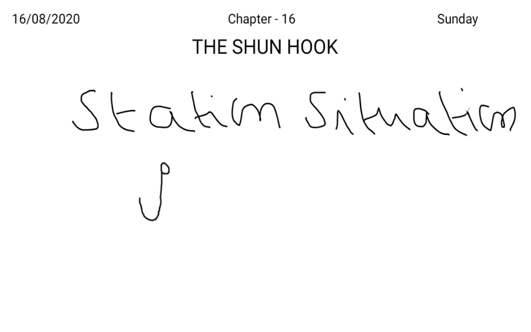You can use the hook. But situation, before Shun, U and A, a triphone is there. So the sound of Shun is represented by ish and n hook, so that you can distinguish between the words station and situation.